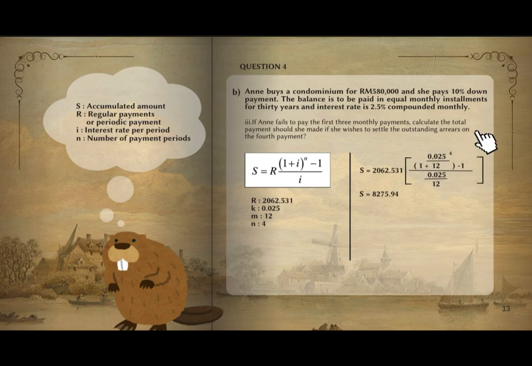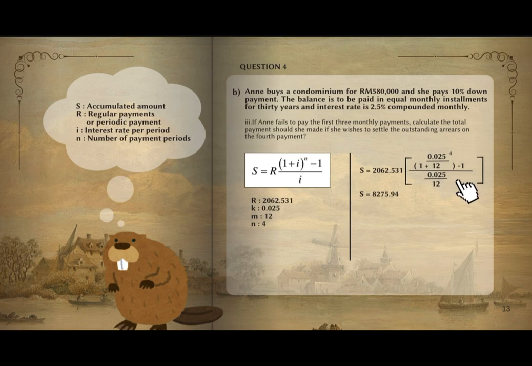Lastly, if she fails to pay the first 3 monthly payments, calculate the total payment she should make if she wishes to settle the outstanding arrears on the 4th payment. First of all, we identify the values. R equals 2062.531, K equals 0.025, M equals 12, and N equals 4. Next, substitute into the formula.